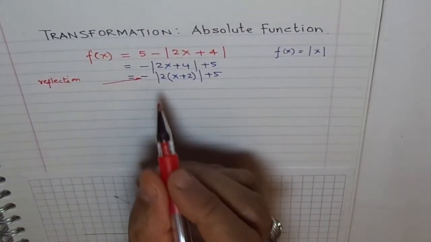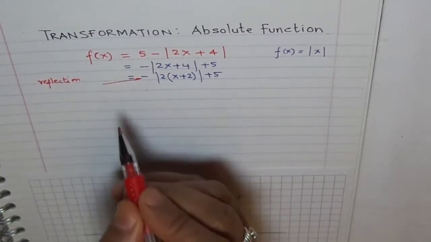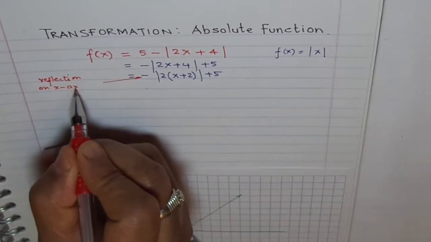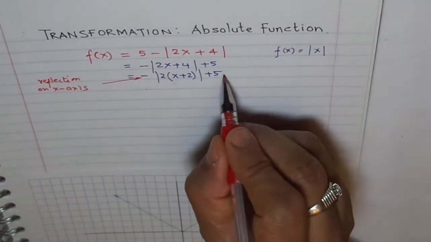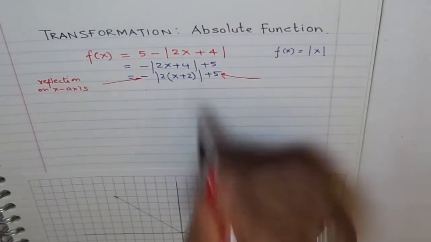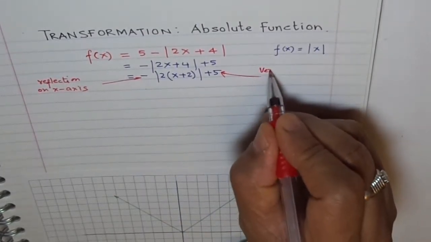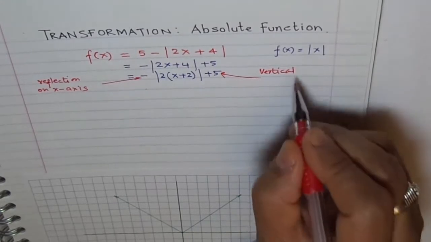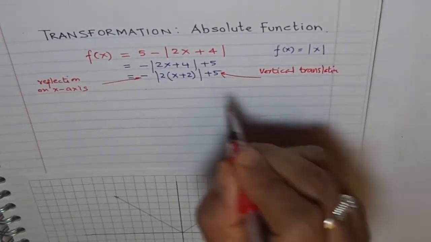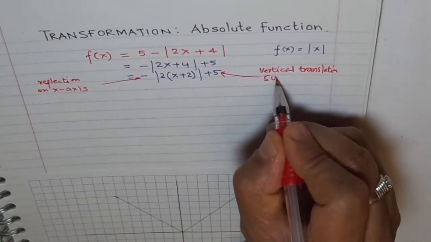It's a vertical thing. It's outside the brackets, so it's vertical. So it reflects like this on the x-axis. How about this 5? It is a vertical translation outside the bracket. So say vertical translation five units up.